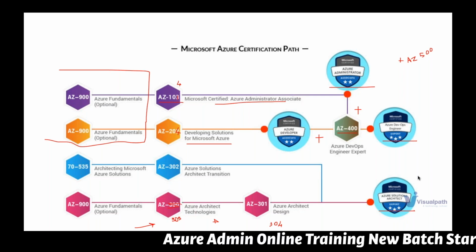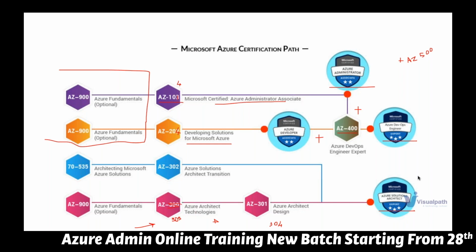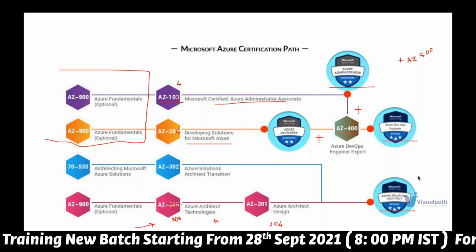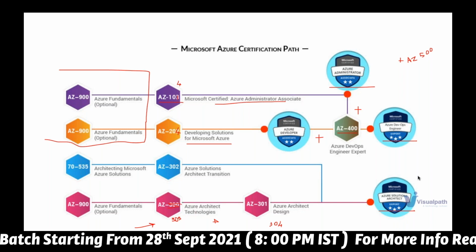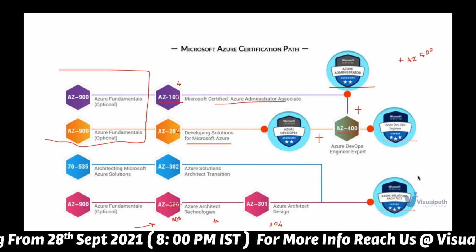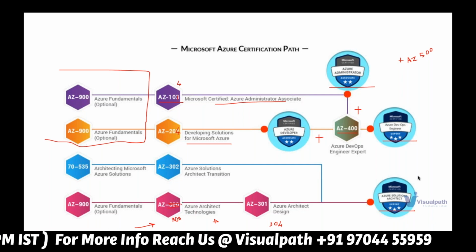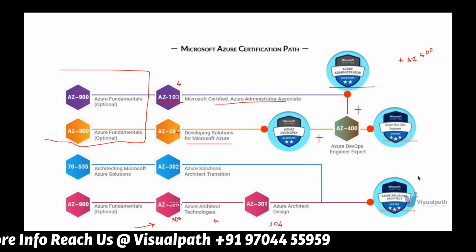Or else AZ-104 is enough, as it covers the complete infrastructure and administration part in Azure. Any services you want to host, you'll have a complete baseline idea, and from there you can start picking up or adding the required skills related to the job.